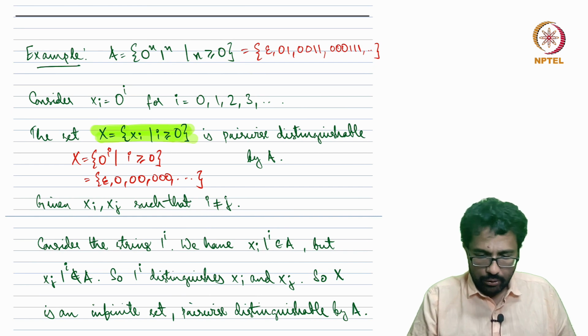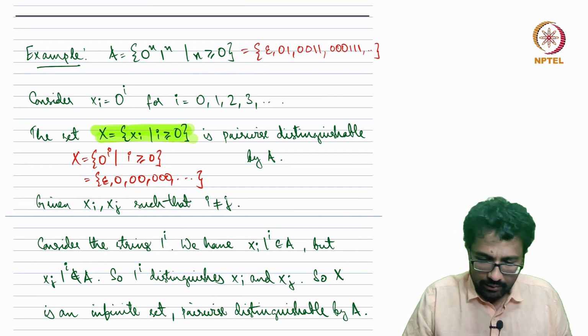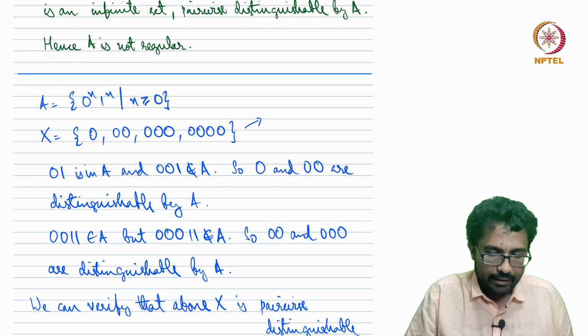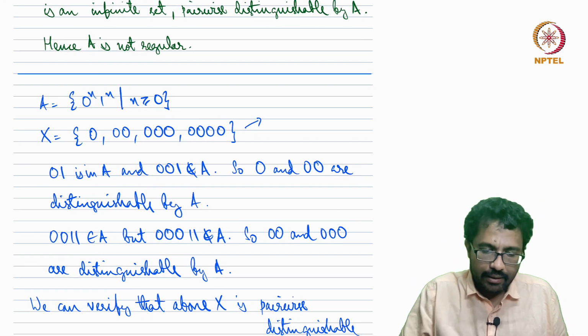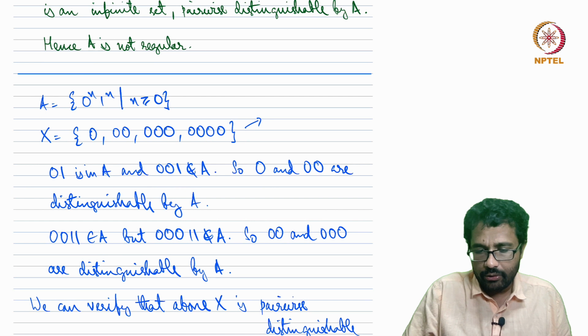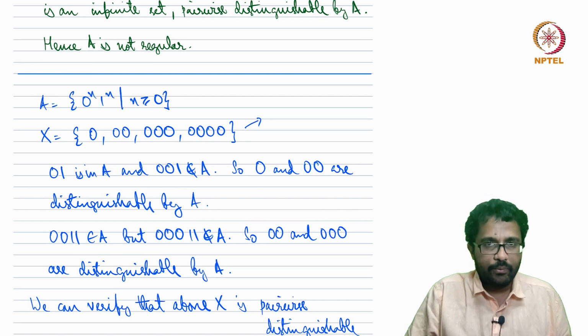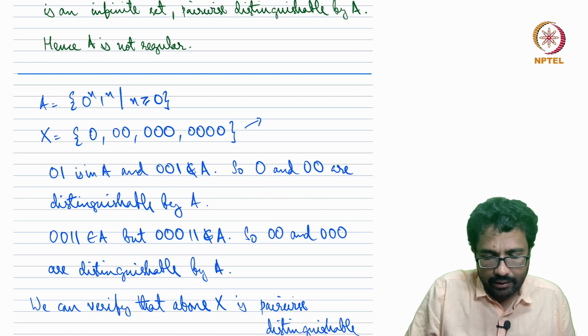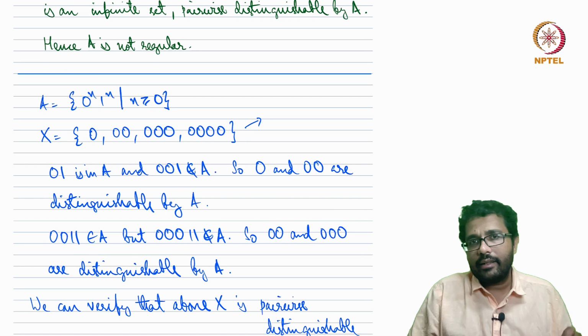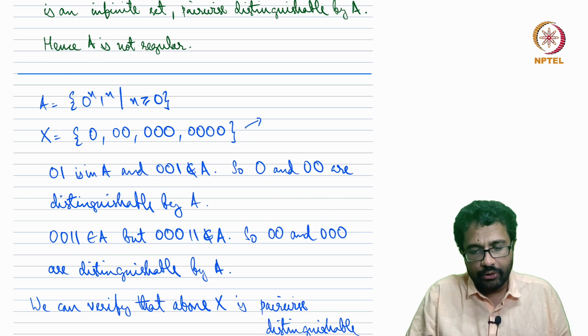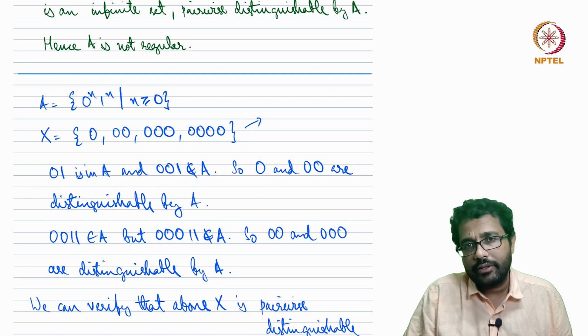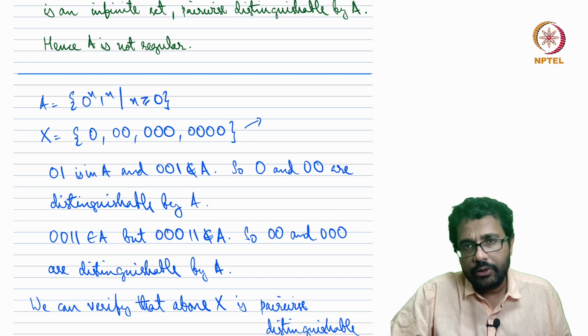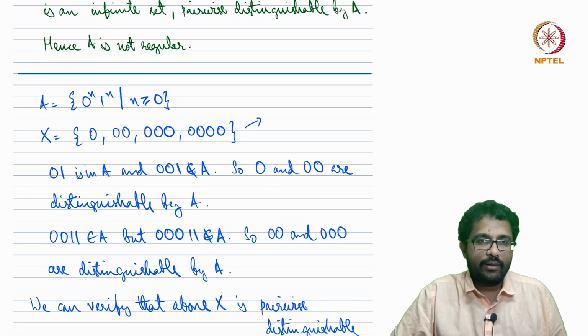The claim is that this is a pairwise distinguishable set. So why is it pairwise distinguishable? We kind of saw the proof already in lecture 14. Consider these strings: 0, 0 0, 0 0 0, 0 0 0 0. If you try to append 1, then 0 1 is in the language, but 0 0 1 is not in the language, 0 0 0 1 is not in the language, and 0 0 0 0 1 is also not in the language.